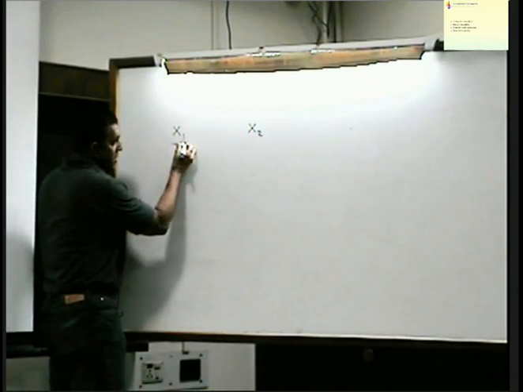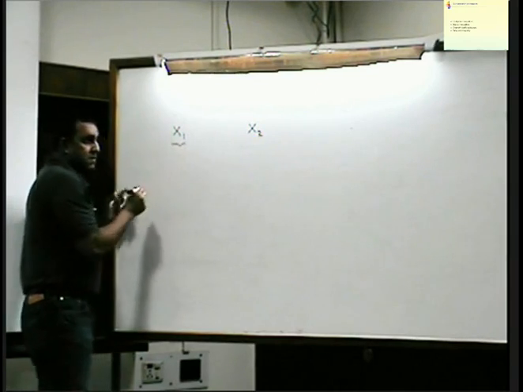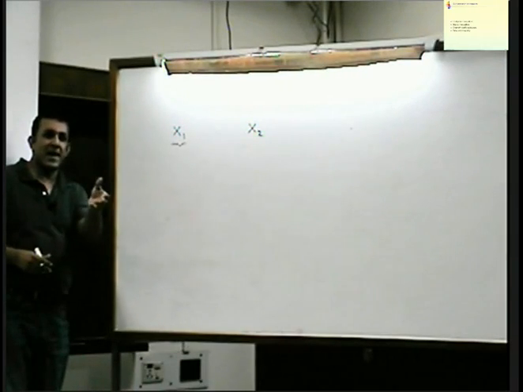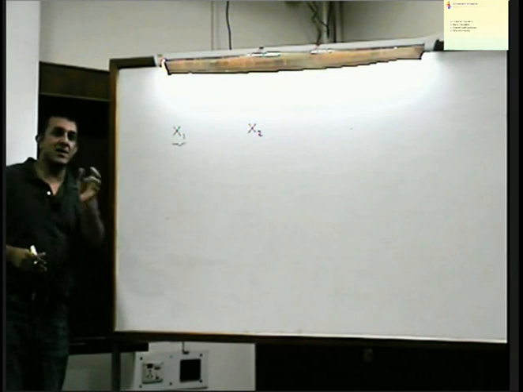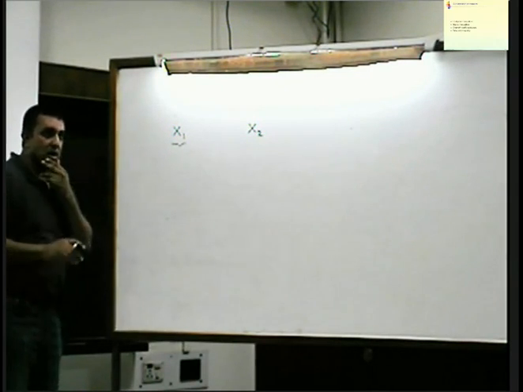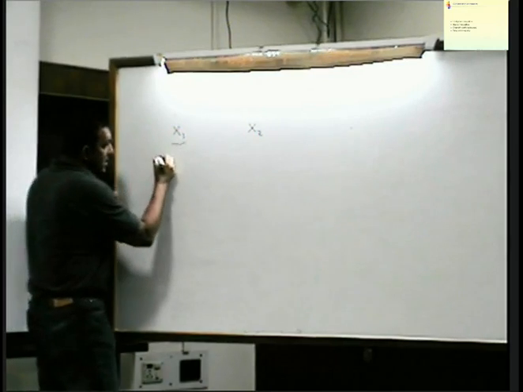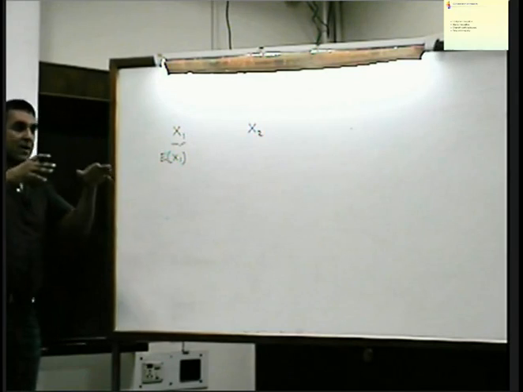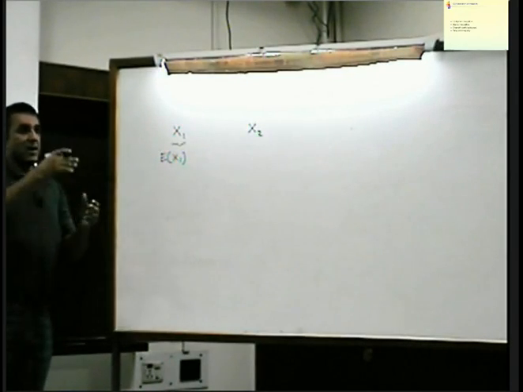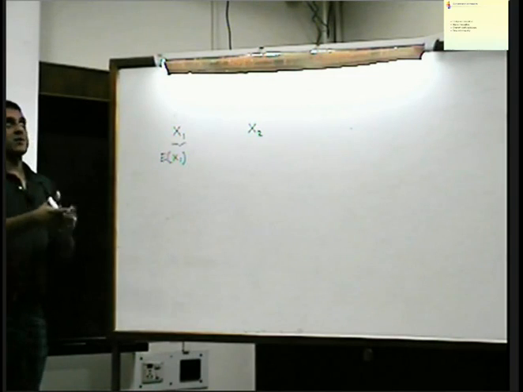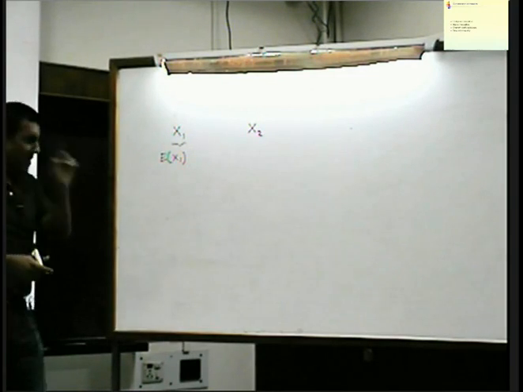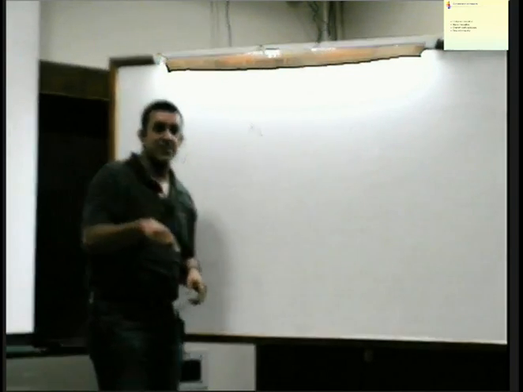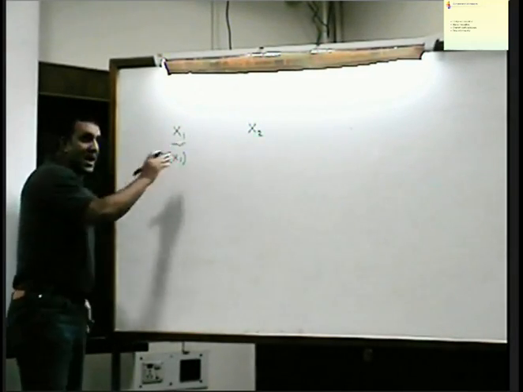Everyone okay with what bias is, what expectation is and what variance is? So suppose both of these are draws, these are IID, independent, identically distributed.